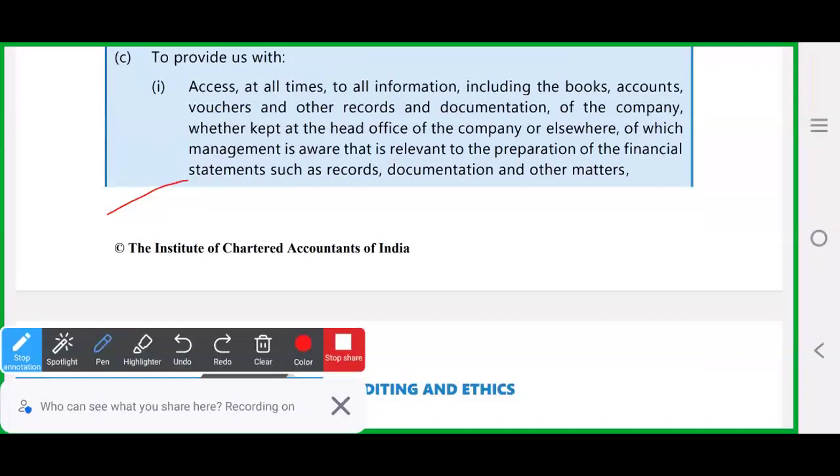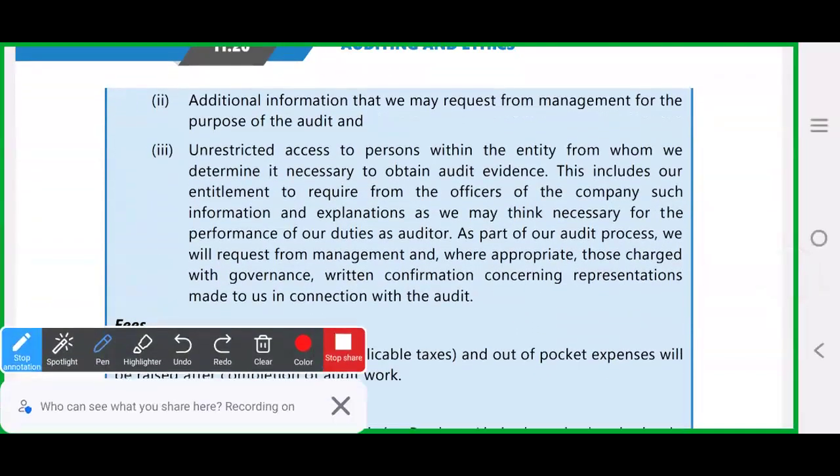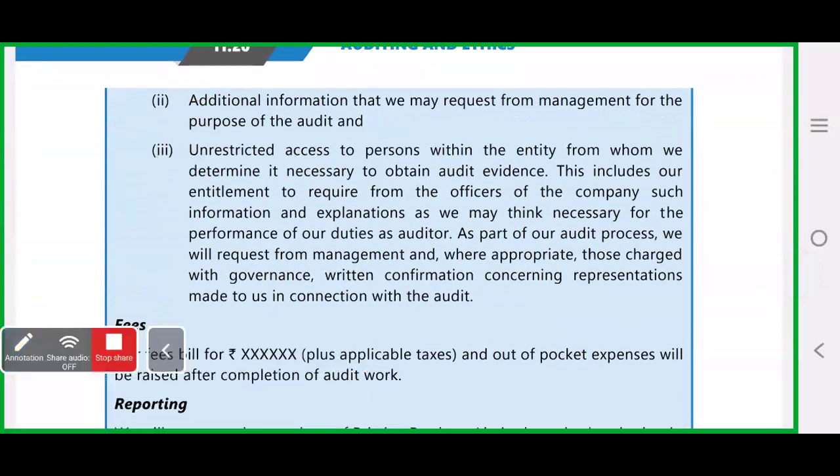Auditors should have access to books of accounts of the company, vouchers, other records and documentation. The auditor should take reasonable and additional information which may be requested from the management, and there should be unrestricted access within the entity for all the explanations required.